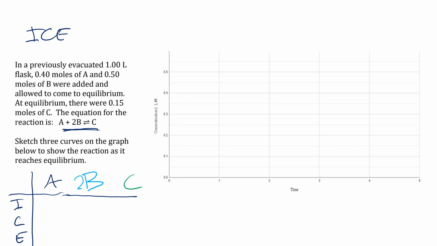According to my problem, I am starting off with 0.40 moles of A. For 2B, I'm starting off with 0.50 moles. For C, it doesn't really say we're starting off with anything. That's what we end up with. So we're going to assume that we start off with 0, and we end up with 0.15, according to the problem.